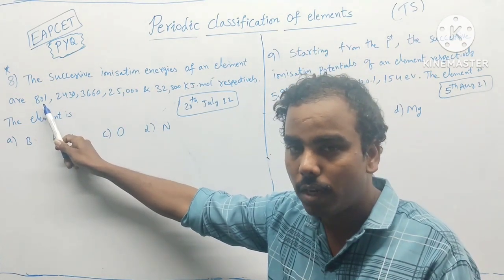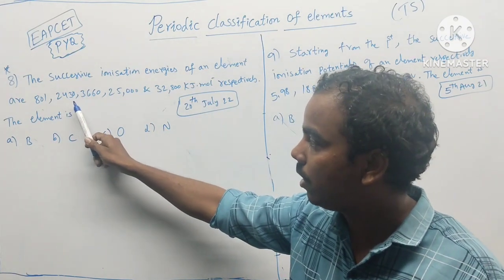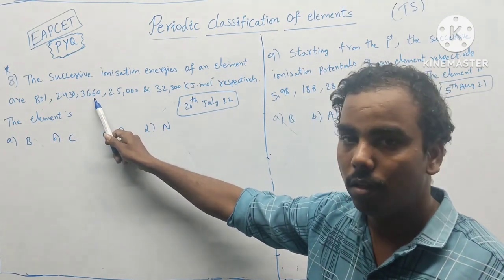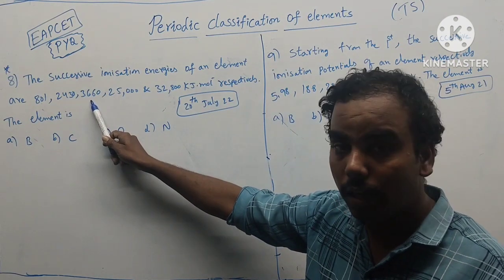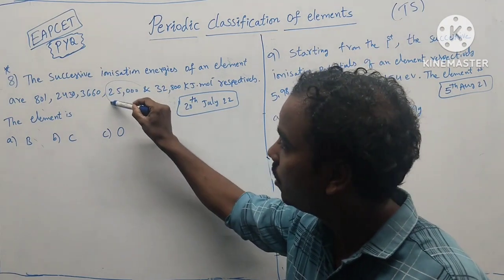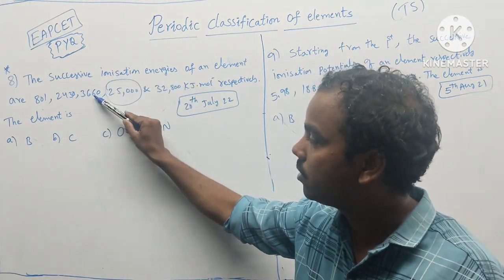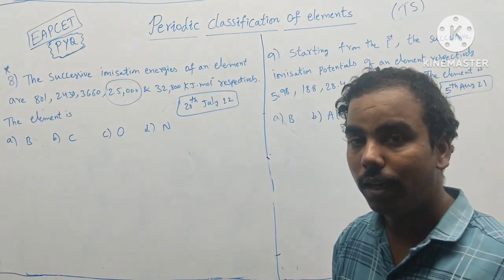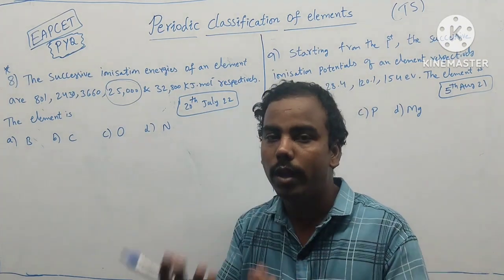For removal of the first electron, 801 kilojoules energy is required. It is the removal of the second electron, the third electron. After 3 electrons are removed, that element is highly stable. That's why 25,000 kilojoules energy is required. That means it is converted to noble gas configuration.